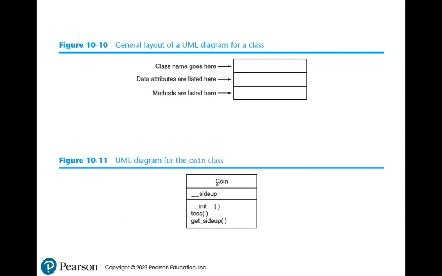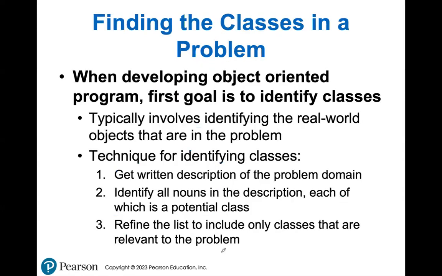Your class name goes right here. On the very top line, you will put your class name. Then in the middle, on the second line, you will put any variables that your object will have. And on the last line, you will put any methods that your class has. So nothing too complicated. Class name, variables, methods.